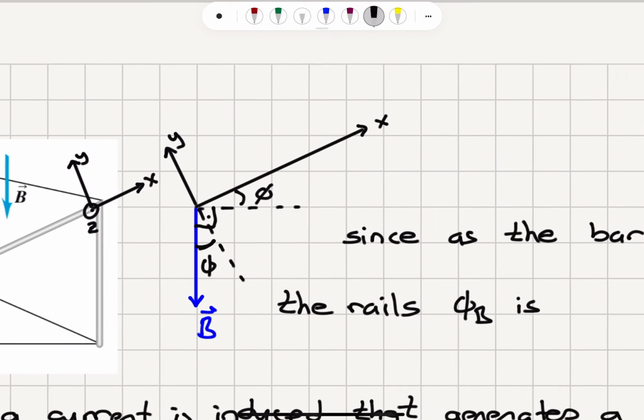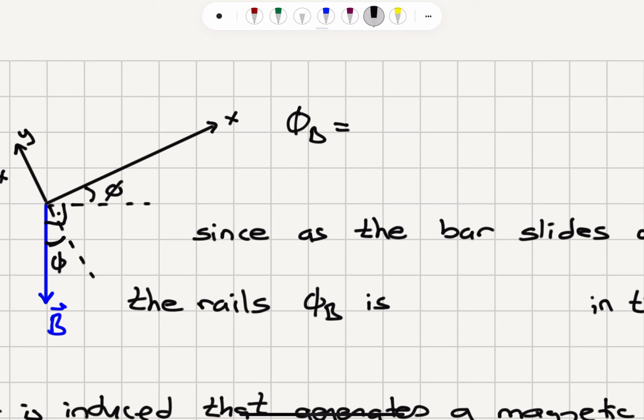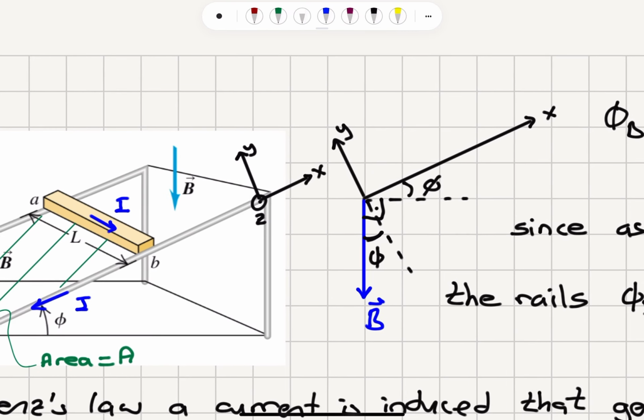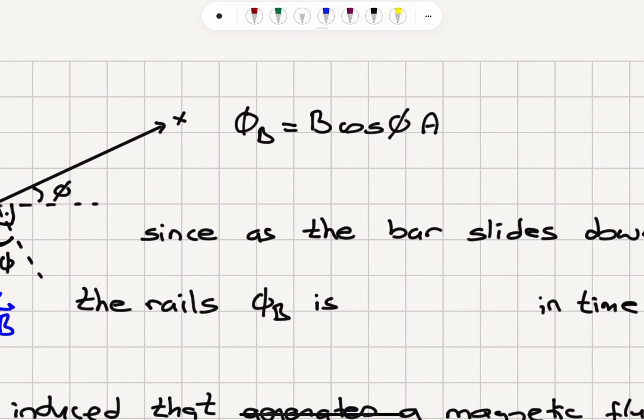First of all, the flux phi_B is equal to B cosine phi times A. That's the perpendicular component of the magnetic field with respect to this tilted plane. So this is basically B cosine phi times the area of this loop.